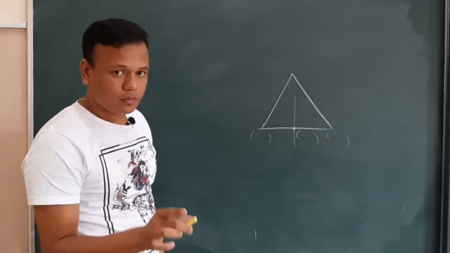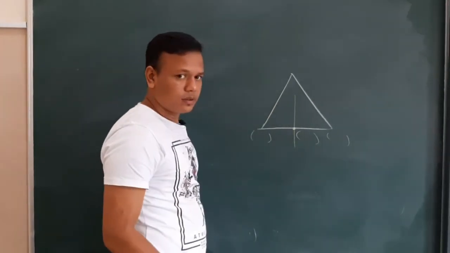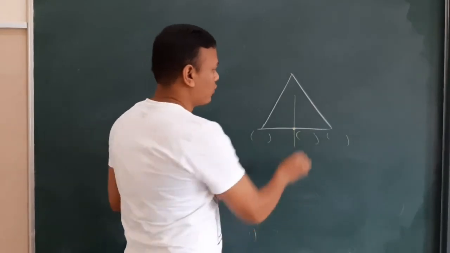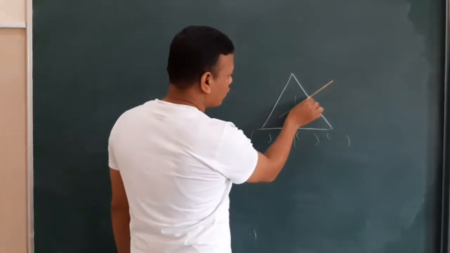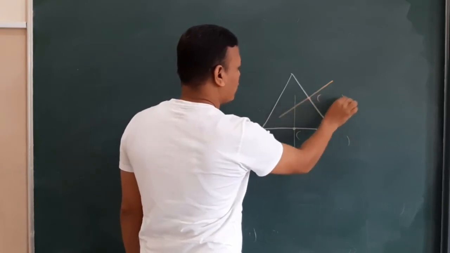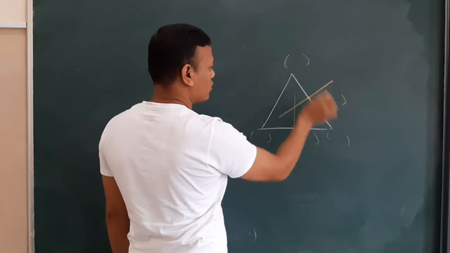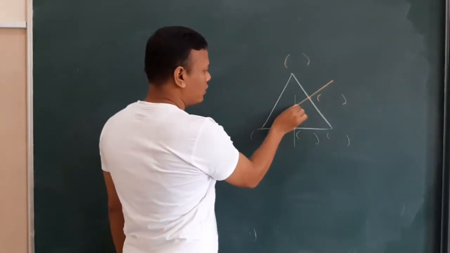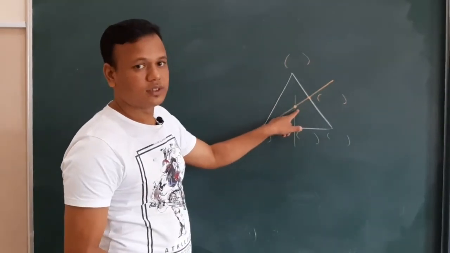Then you want to find the equation of this perpendicular bisector. You have to find the perpendicular bisector for another side as well, so here also you need to find its midpoint. Wherever these two perpendicular bisectors intersect, that is your circumcenter. Remember that.